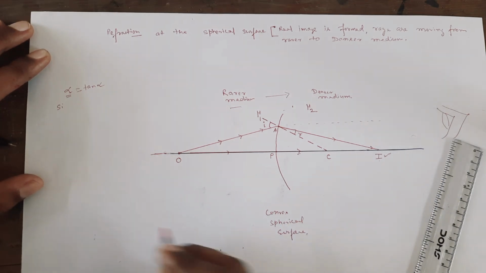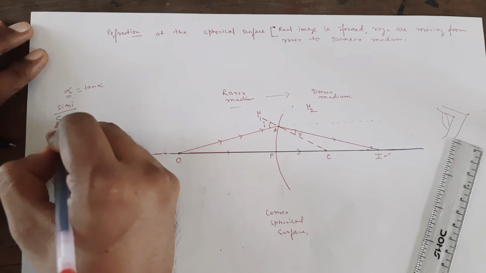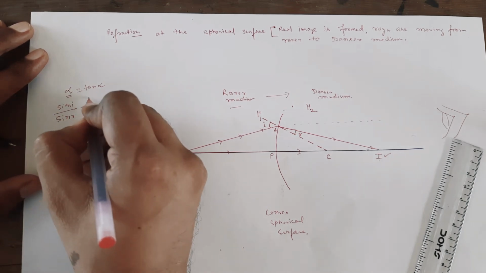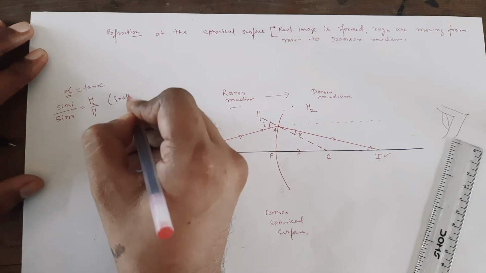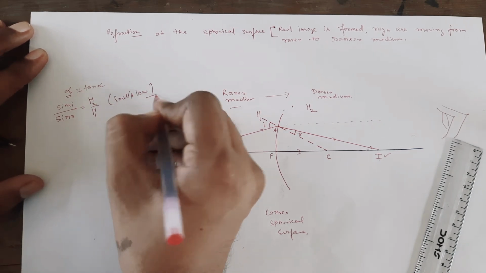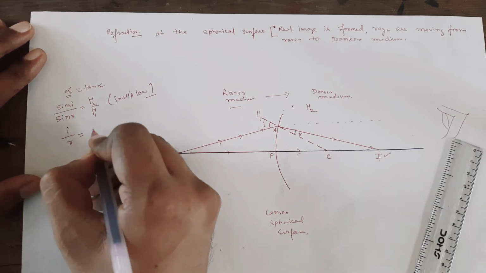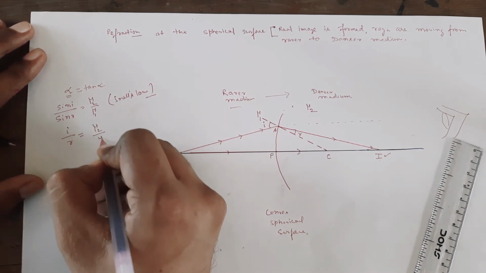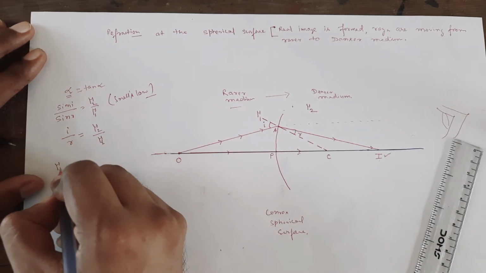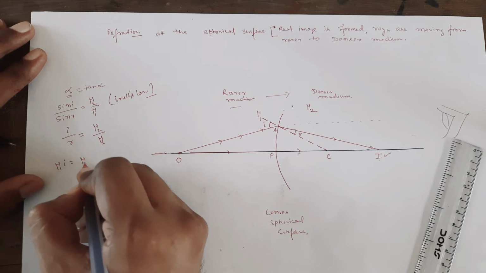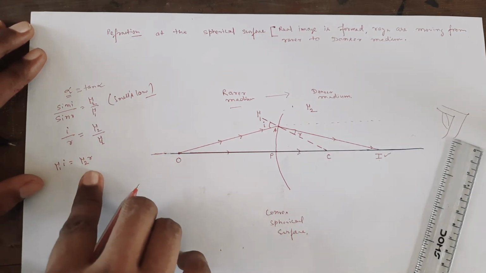So in that condition we can write sin I divided by sin R is equal to mu2 divided by mu1. This is Snell's law. So we can write I by R is equal to mu2 by mu1. On cross multiplication we get mu1 I is equal to mu2 R.